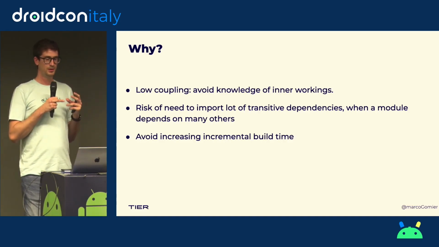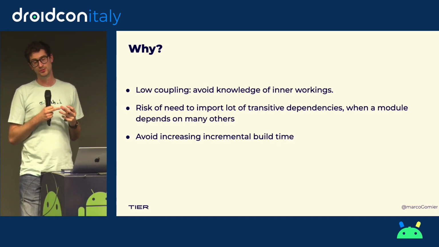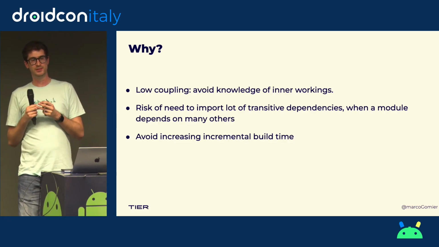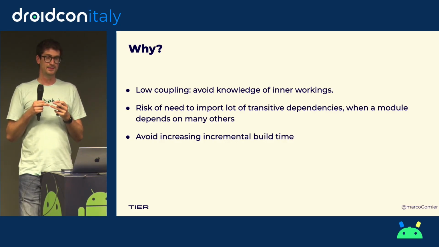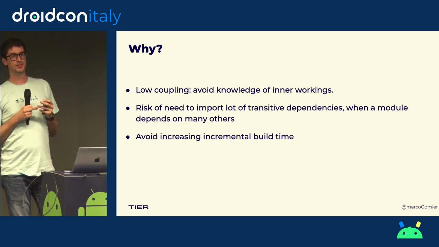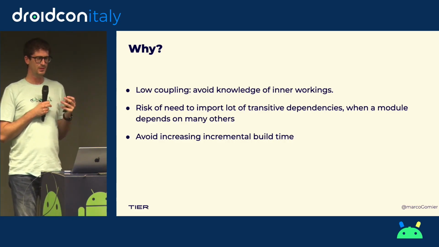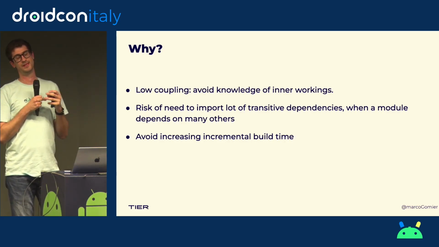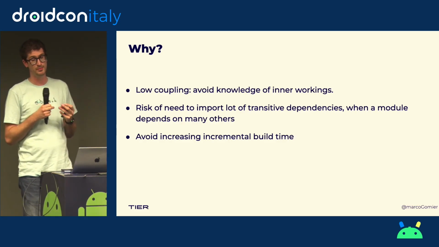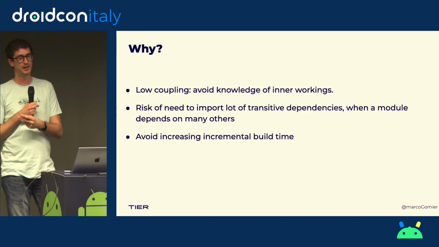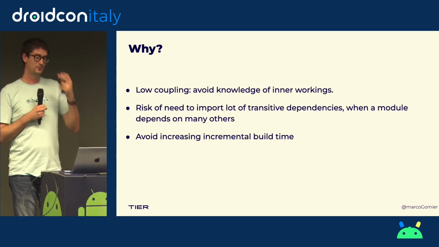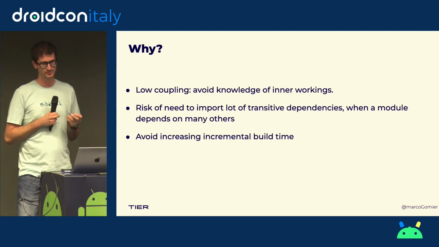If you import another module and then there's a modification in that module, you need to rebuild everything. But if you just depend on the contract, then if the implementation of that contract changes, you don't need to rebuild the whole chain, just the implementation itself. So this lets you save some precious build time.